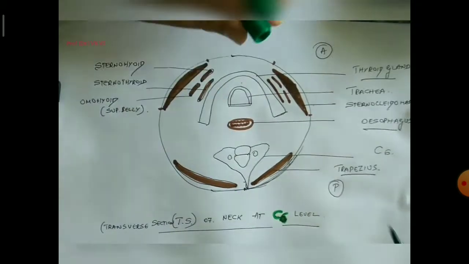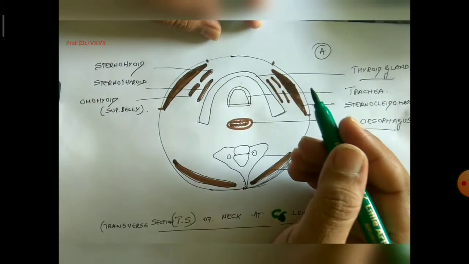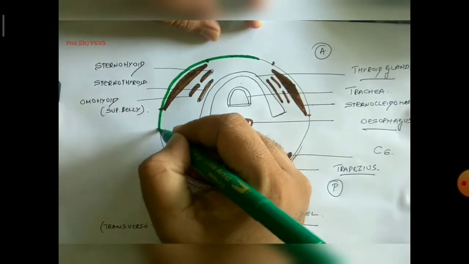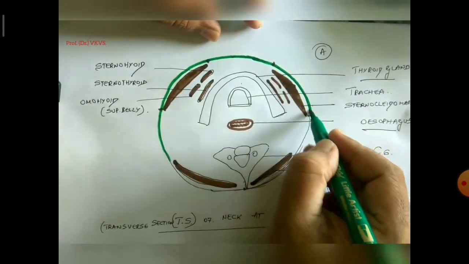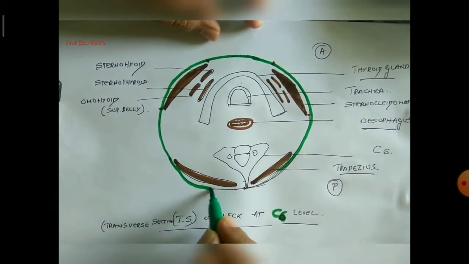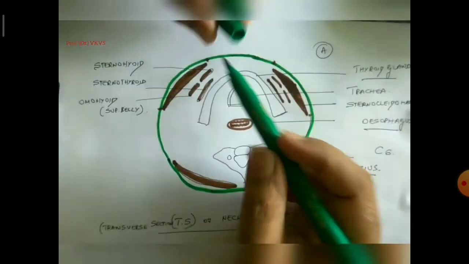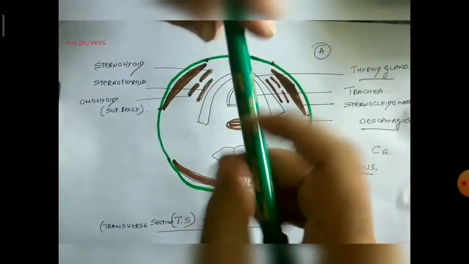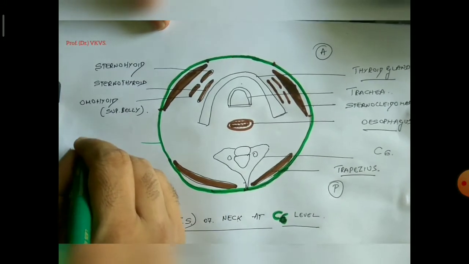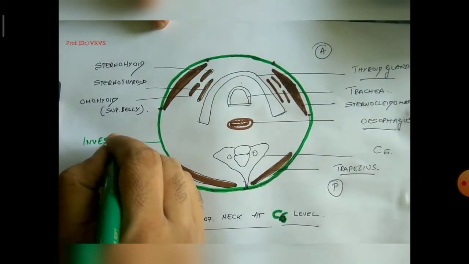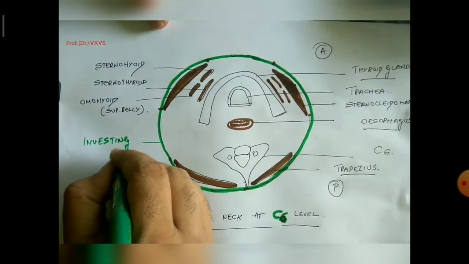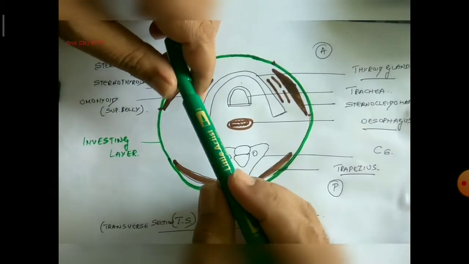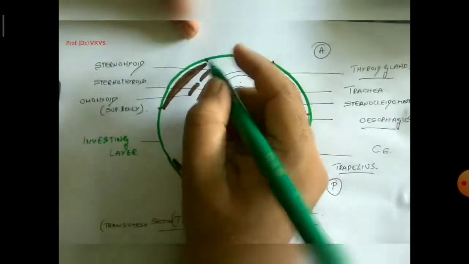Then we'll later take a green color sketch pen to draw the investing layer of deep cervical fascia. It is one of the parts of deep cervical fascia, that is the investing layer. It encloses two important muscles. We label it investing layer of deep cervical fascia.